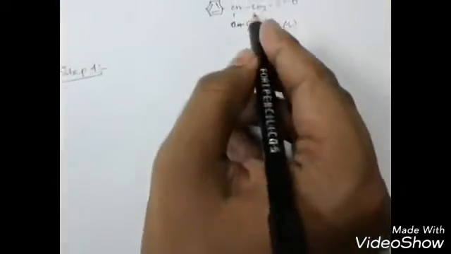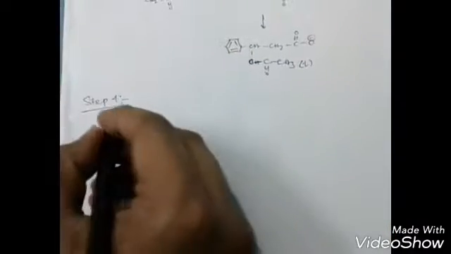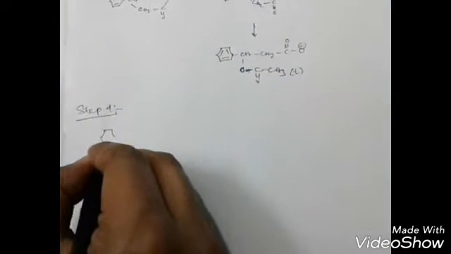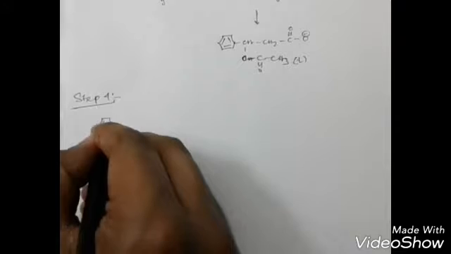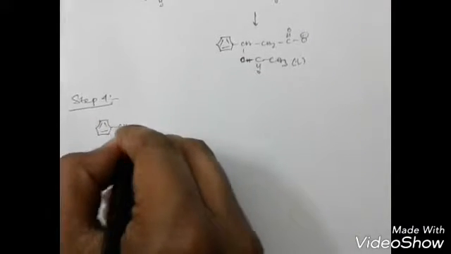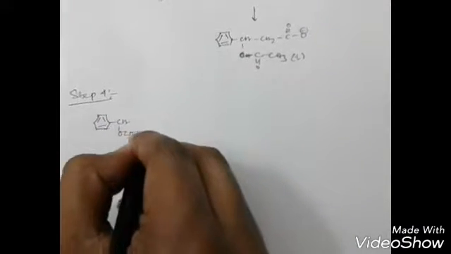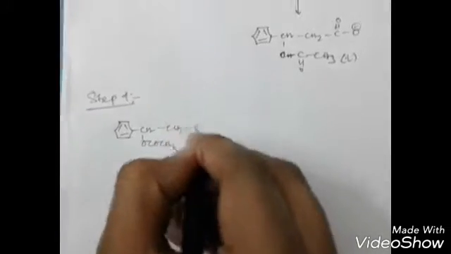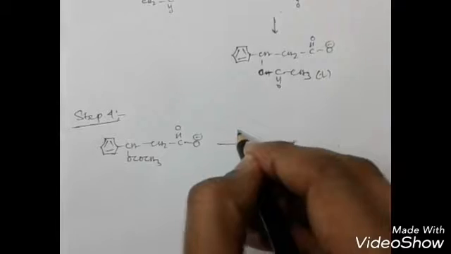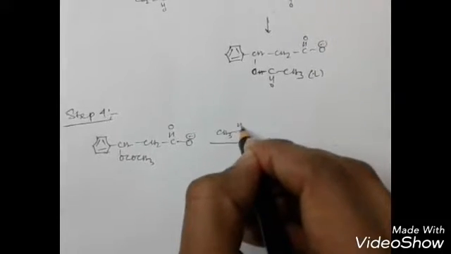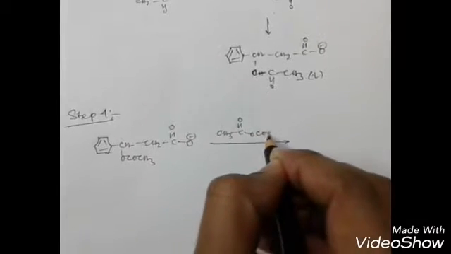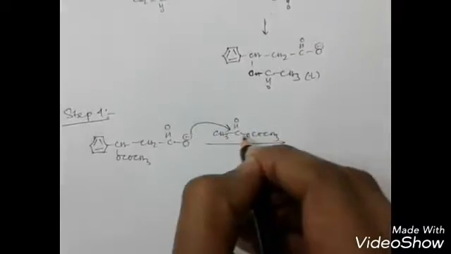Okay, step 4 comes into place now. What is step 4? This intermediate again attacks another anhydride atom. Okay, this one. So this intermediate again attacks an anhydride atom here.